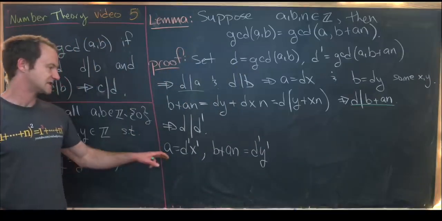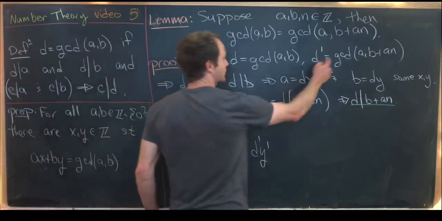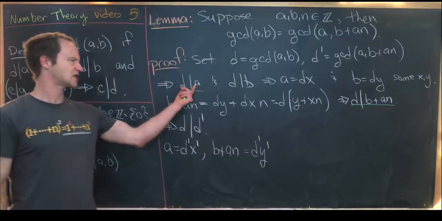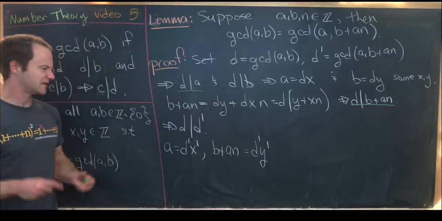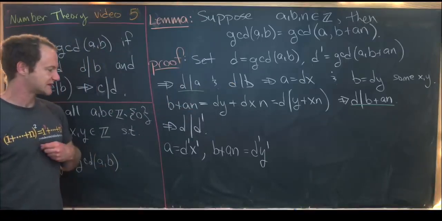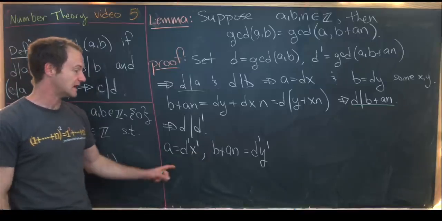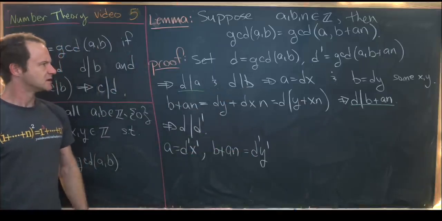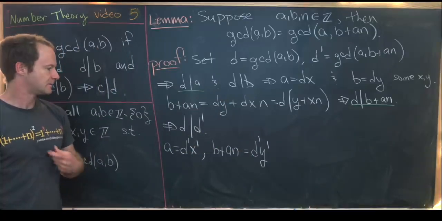Okay, again, that's because d prime divides a and d prime divides b plus an. I've just cut out this little step here, but that's pretty straightforward. Okay, so now we want to somehow achieve the number b because our goal is for d prime to divide b. So let's see how we can do that.